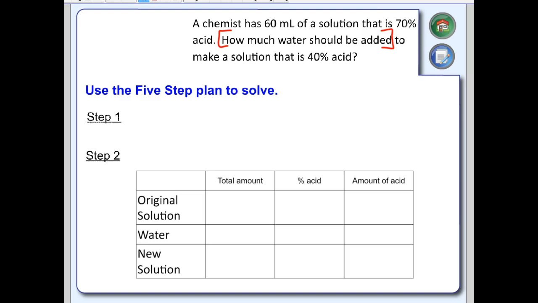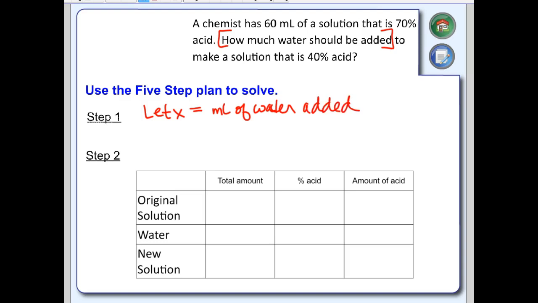So step 1 is my let statement. I'm just going to let x equal the milliliters of water added, because that's what they're asking me for. Milliliters of water added.